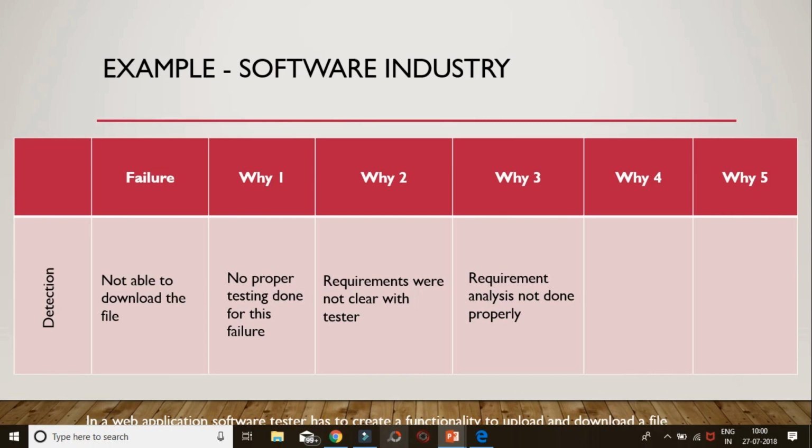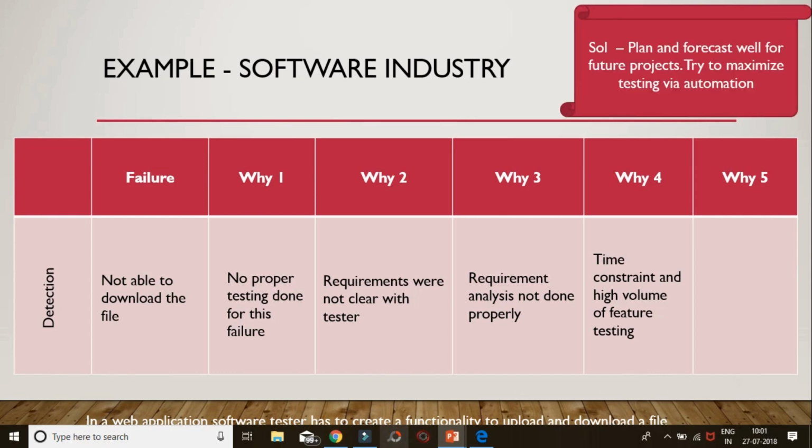And why was the requirement analysis not done properly? Because there was a time constraint with the tester, and a high volume of feature testing was required in that particular time. The solution to this problem was identified at Why 4 only. So what we are proposing here is to plan and forecast well for future projects and try to maximize testing via automation.